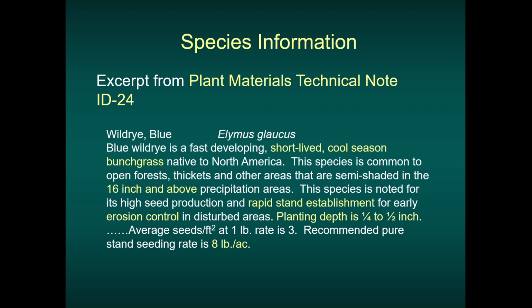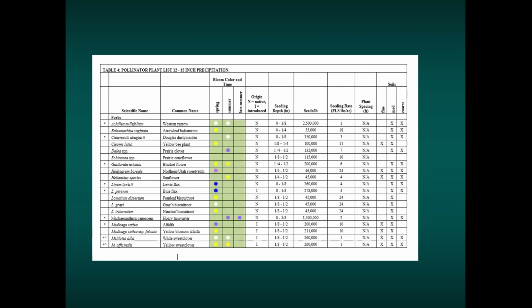So you can see TechNote 24 has a lot of good information, and this is just in the species description part. This table here actually comes from Technical Note 2, but you'll also find this information in Technical Note 24.